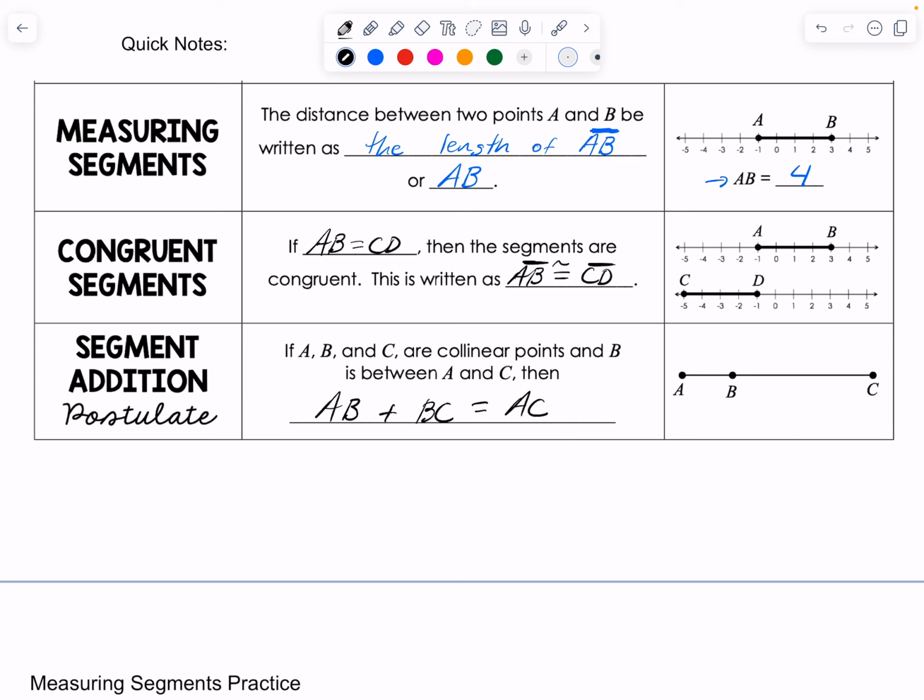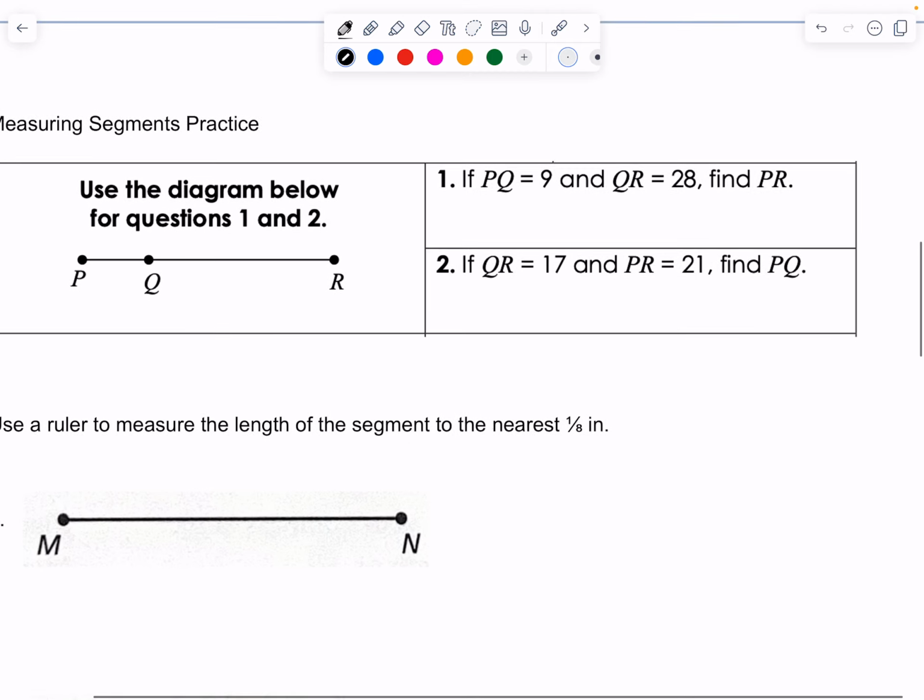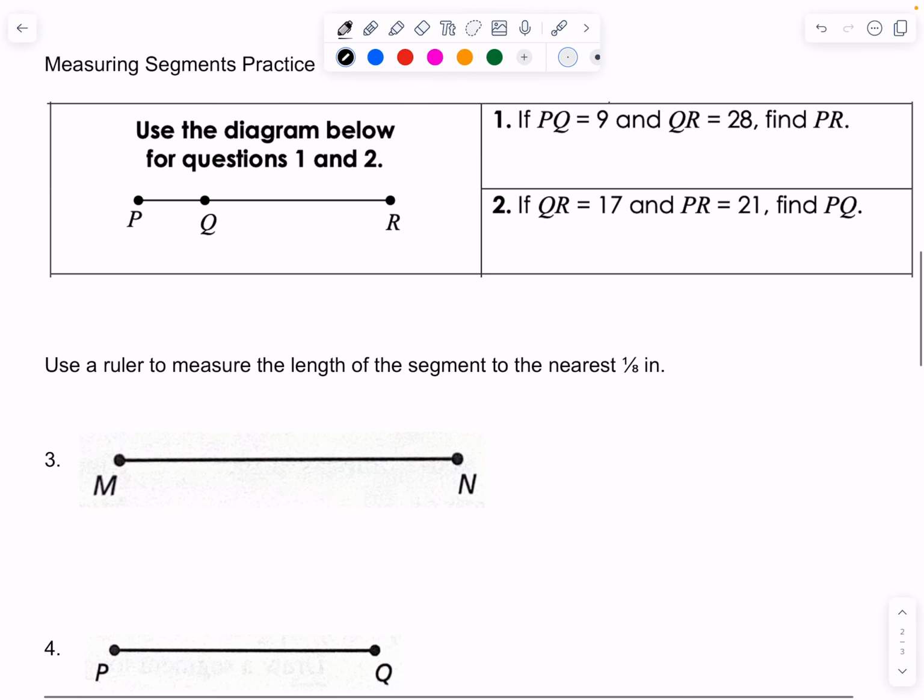All right, let's use all three of those to help us figure out some of these questions. First we're going to use this diagram to answer two questions. I'll start with this first one where segment PQ is equal to 9 units, so I'm going to put 9 units here for segment PQ. Segment QR is 28 units, and we are trying to find the length of segment PR, which in this case is going to be adding those two together.